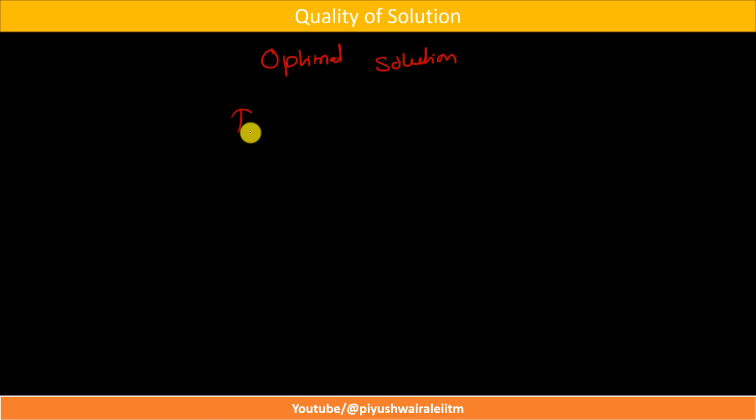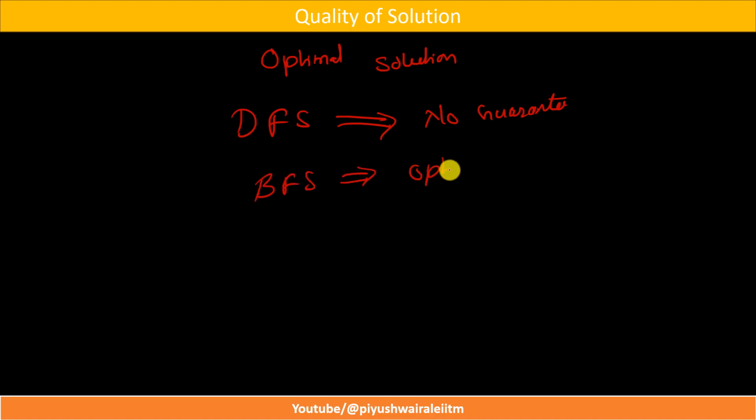In the case of DFS, there is no guarantee that we will get the optimal solution, but in the case of BFS, we can get the optimal solution. So that's it from this particular slide. Please remember, in the case of DFS, there is no guarantee of getting an optimal solution, but in the case of BFS, we can get optimal solutions.